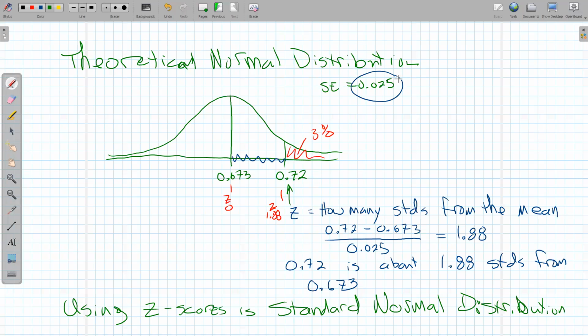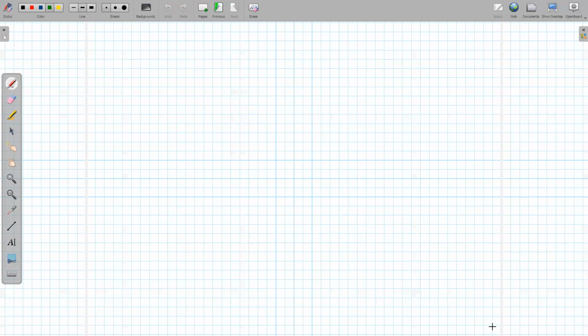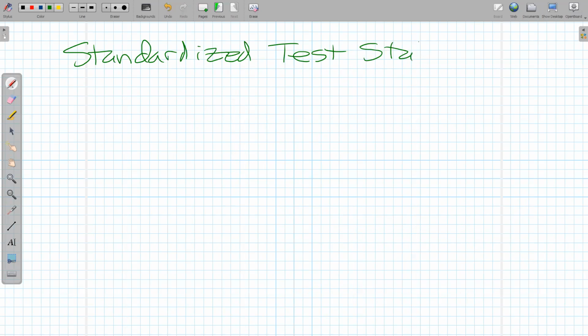So that's the last point I want to make here, and we're out of time. The idea of a standardized test statistic. The standardized test statistic is the z-score that I'm talking about here. So an example, like for a proportion, would be something like p hat minus p over the standard error.